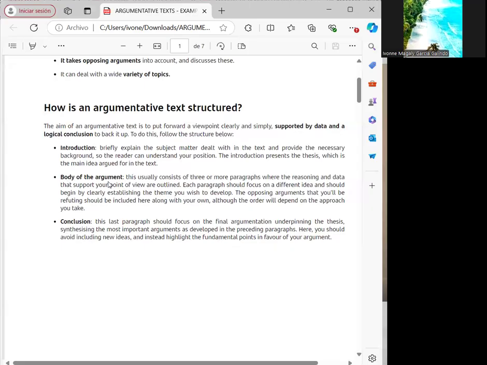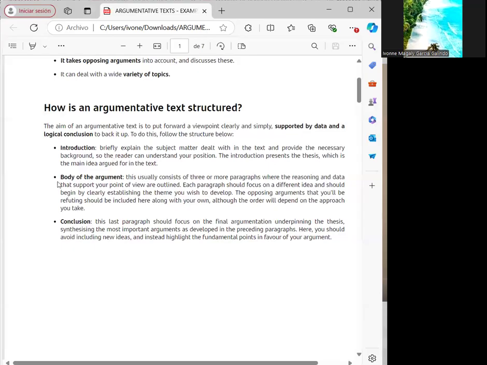So remember, you can use one argument or two for each paragraph. So let's say that your main topic, you're giving a main idea, you're taking into account the other points of view, and you are explaining your point.